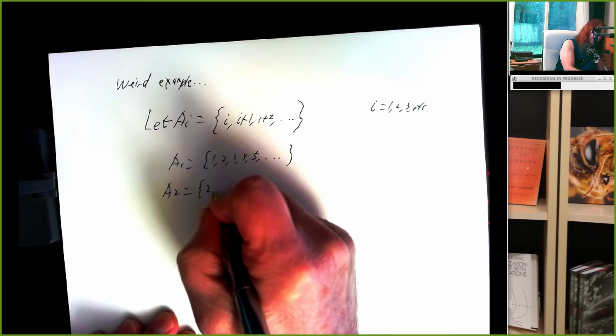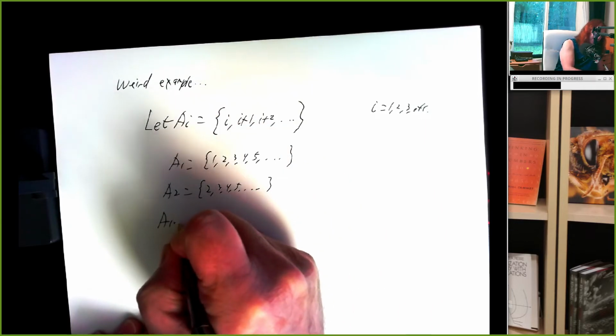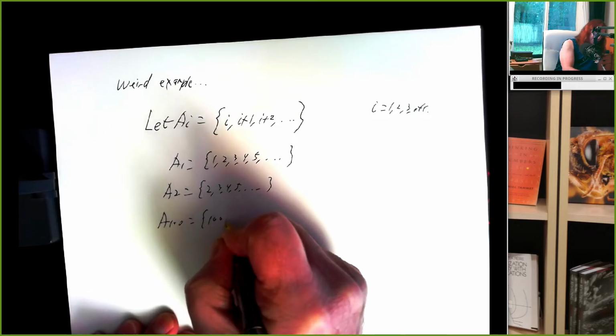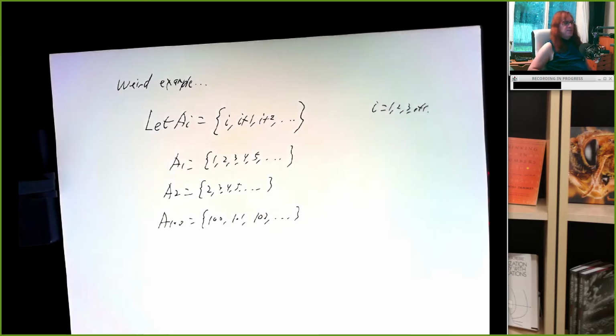A2 is the set 2, 3, 4, 5, and so on. A100 is the set 100, 101, 102, and so on. Right? Everybody clear on what A sub i means? It's just the set of integers starting from i.